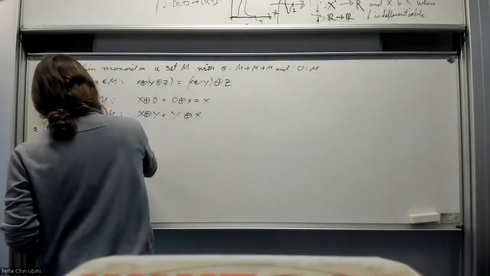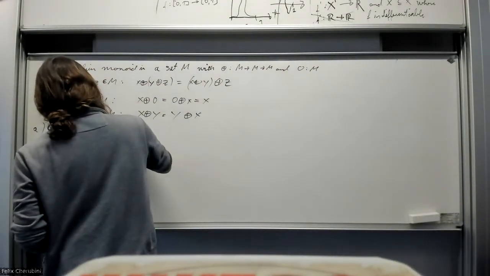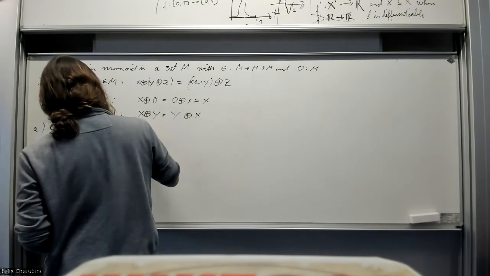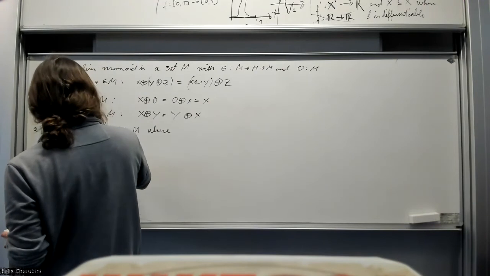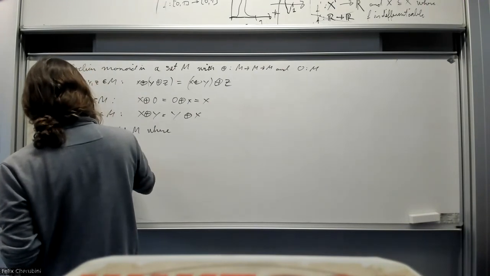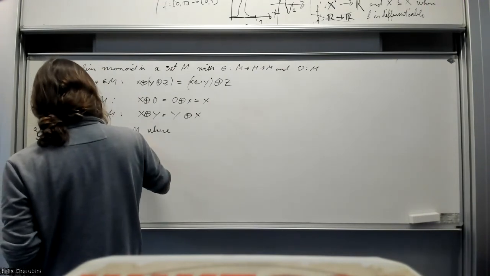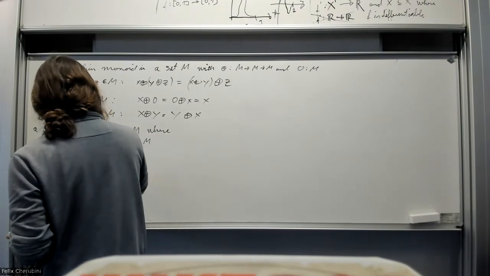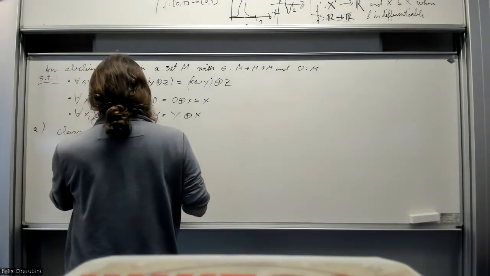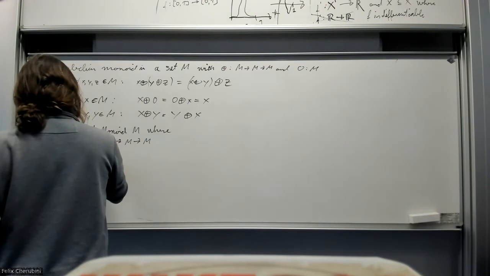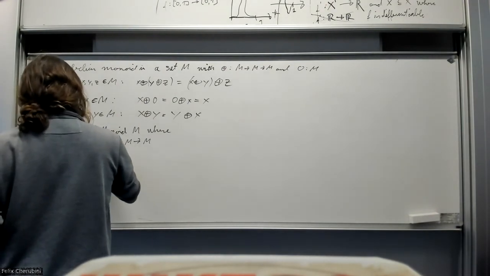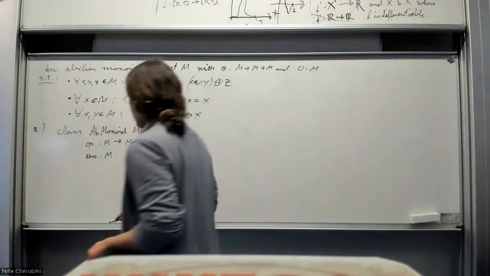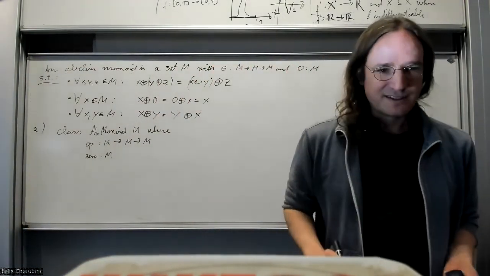Yes, monoid. Monoid M means we have a function plus from M to M to M, and probably I'm not allowed to use this, so maybe I should call it op and 0, like this. Okay, that's what I would do.